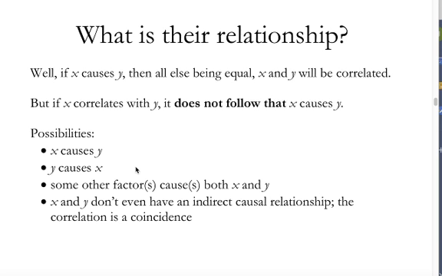But if X correlates with Y, it does not follow that X causes Y. And why is that? Well, imagine we go out in the world, we start with the measurements, and we say, hey, there seems to be a positive correlation between rain clouds and rain. What do we infer from that?